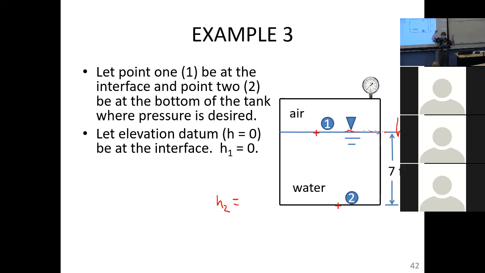Which way does the h-axis increase? Down. It increases down. So what's H2? 7 meters. Very good. We're using feet or meters? Is this in feet? Oops. Feet. Sorry. Thanks. I wasn't looking. And so this P1, Z1, or H1, would be equal to 0 feet.